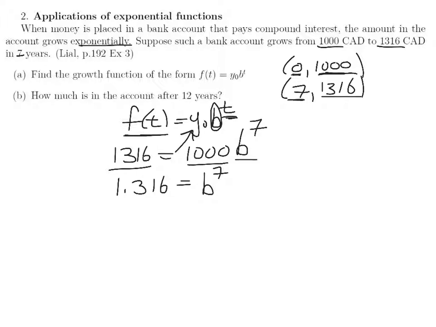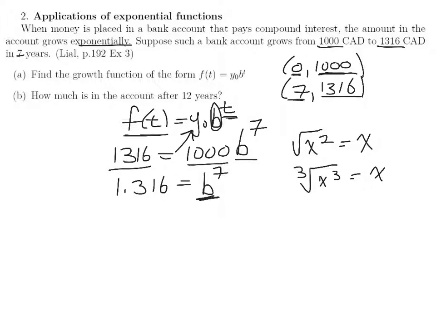And if we remember some of our exponent rules, we're going to know that in order to isolate b, we're going to have to take the 7th root of this function. So for example, if you had the square root of x squared, that would equal x. The cube root of x cubed would equal x.